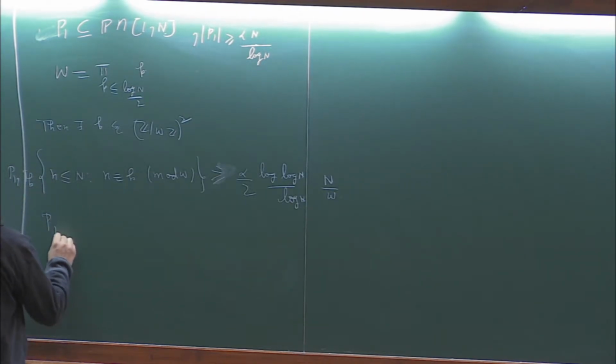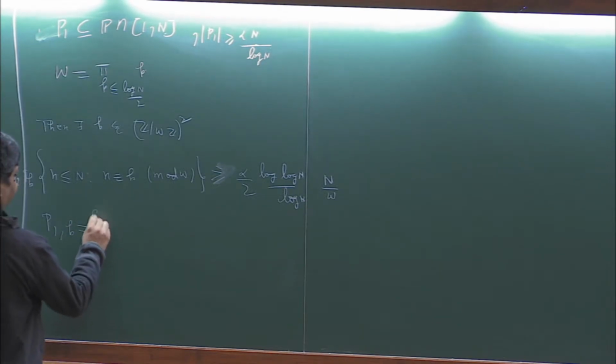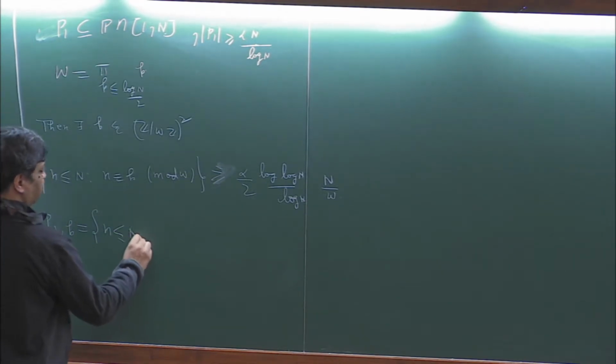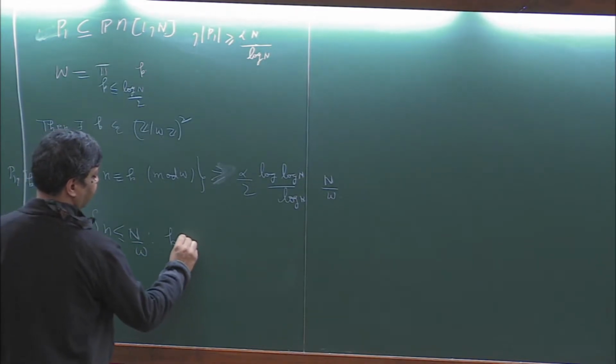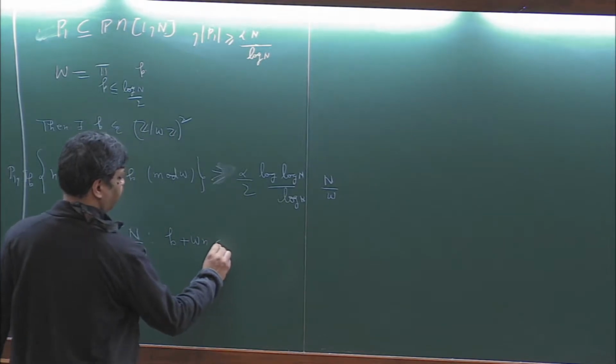This P1B can also be written as those n less than or equal to n by W such that B plus Wn belongs to P1.